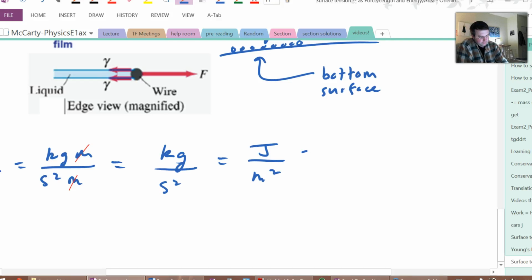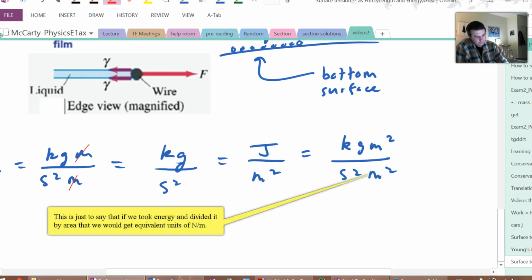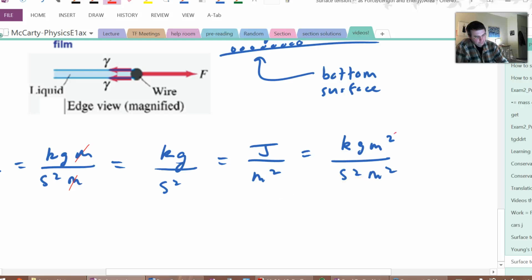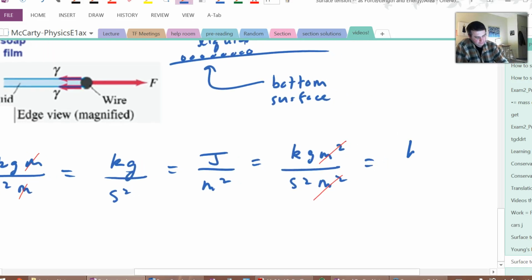And that's just because the joule is a kilogram meter squared per second squared. And if we carry over our meters squared, and they cancel, that would give us units of kilogram per second squared.